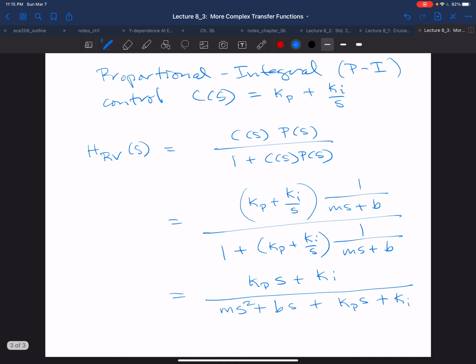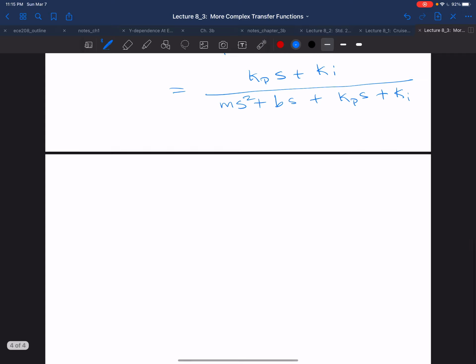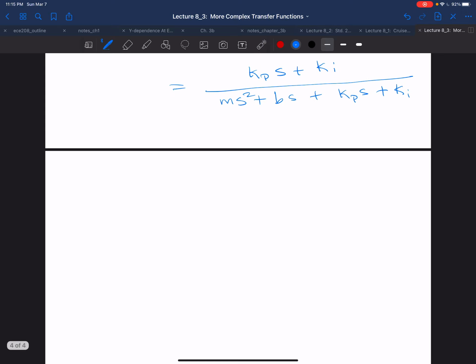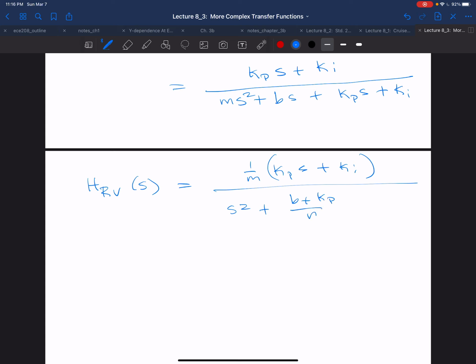So if we group terms together a bit, we'll want to divide by m as well. So we'll get HRV of s equals, let's say, 1 over m times kp s plus ki divided by s squared plus b plus kp over m times s plus ki over m.